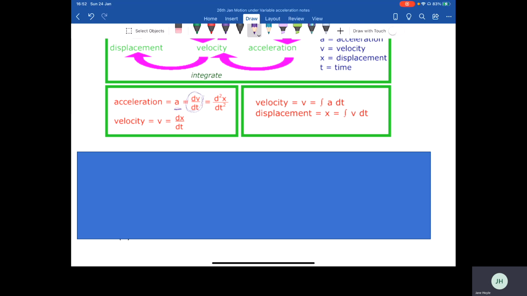So a is equal to dv/dt. Similarly, I can differentiate a displacement once to get the velocity, and differentiate a displacement again, so it's actually the double derivative, d2x/dt squared. To get to the velocity, we just differentiate displacement.